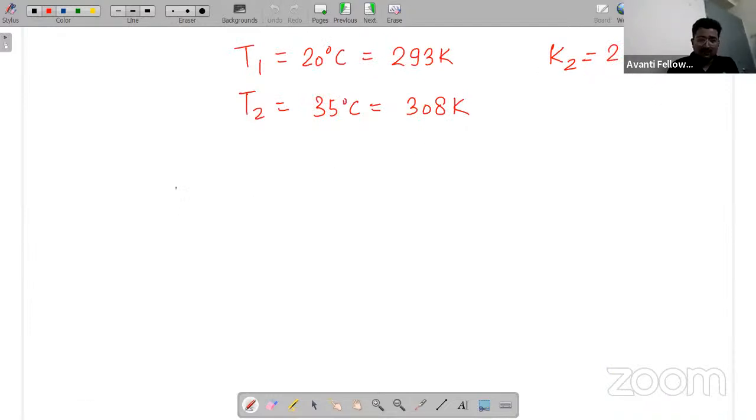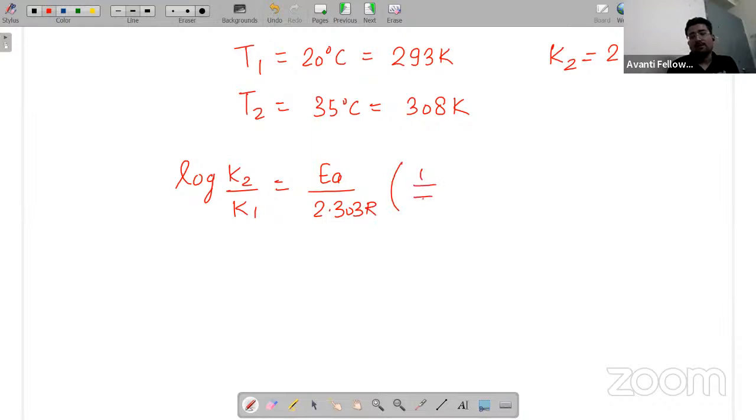Now we know the formula: log of K2 by K1 equal to Ea by 2.303 R into 1 by T1 minus 1 by T2. Now we can solve this equation and we will get the value of activation energy Ea. Putting all these values, K2 by K1 is nothing but 2.